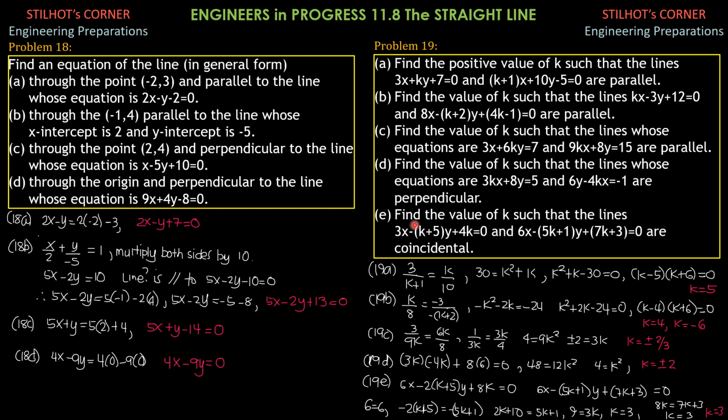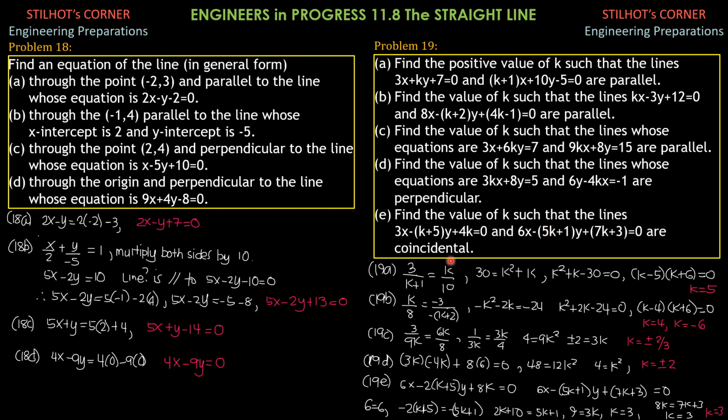Then for problem 19e, find the value of k such that the lines 3x minus quantity k plus 5y plus 4k equals 0 and 6x minus quantity 5k plus 1y plus quantity 7k plus 3 equals 0 are coincidental. When you say coincidental, it means that the two lines are same lines.